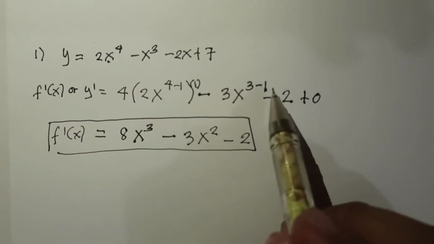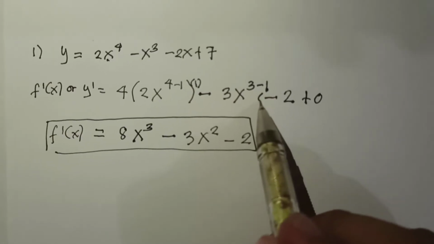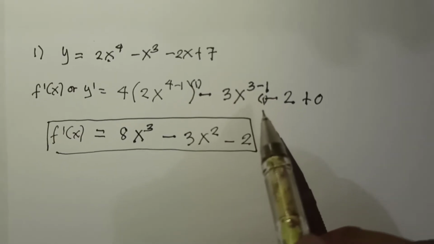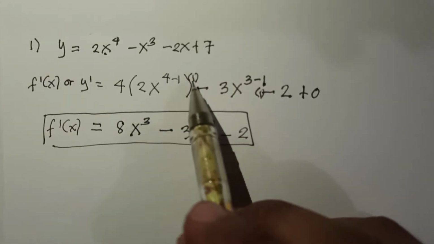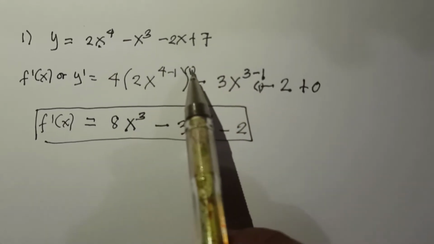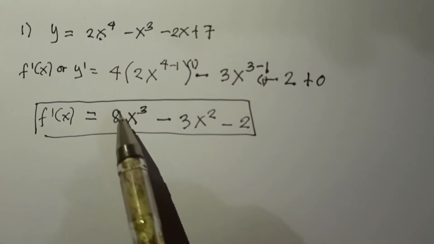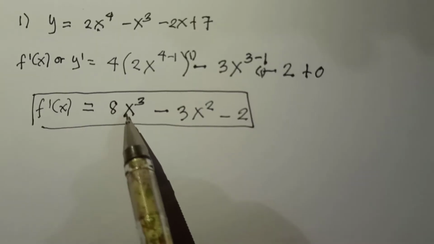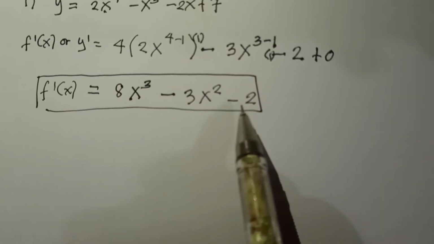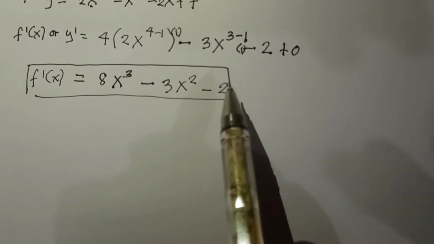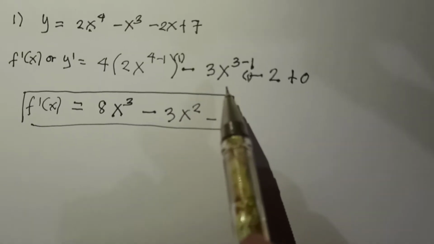So still, we have to multiply it by 1, but 1 is still the same. You multiply by this 1, the result is this part: 8x cubed minus 3x squared minus 2.